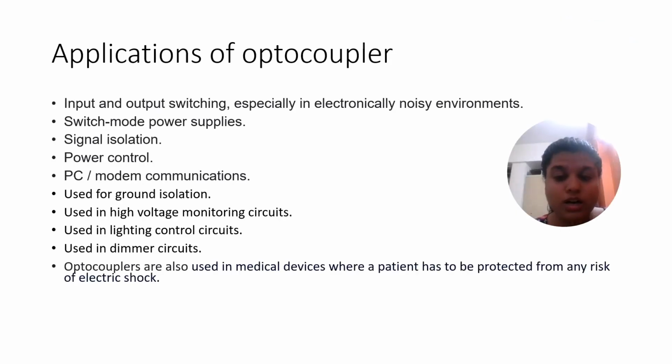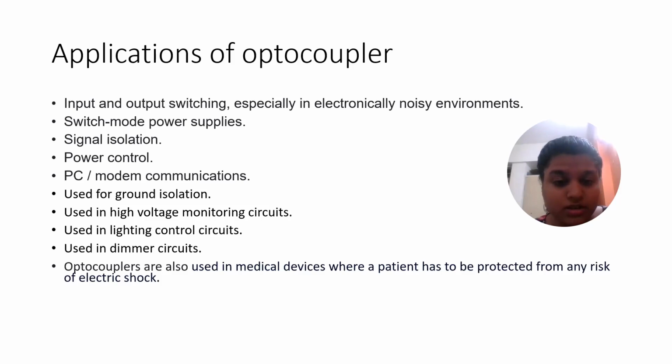Now, after discussing advantages and disadvantages, I come to applications of optocoupler, which is very necessary to know, because first of all, we should know where to apply an instrument before studying it. Input and output switching, especially in electronically noisy environments. Switch mode power supplies.